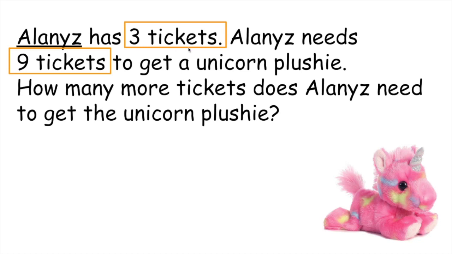Alanis has 3 tickets. Alanis needs 9 tickets to get a unicorn plushie. How many more tickets does Alanis need to get the unicorn plushie? What are some clue words that help you know what kind of math we are doing with this problem?